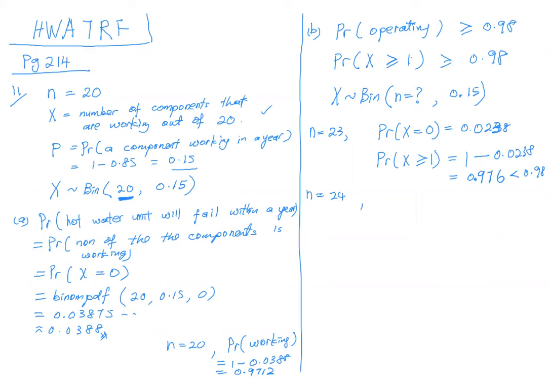Okay, you can straight away write down 1 minus, you just key into your calculator and you get the answer. You change to 24. So you get 0.02023. Yeah. Then you take away 1.